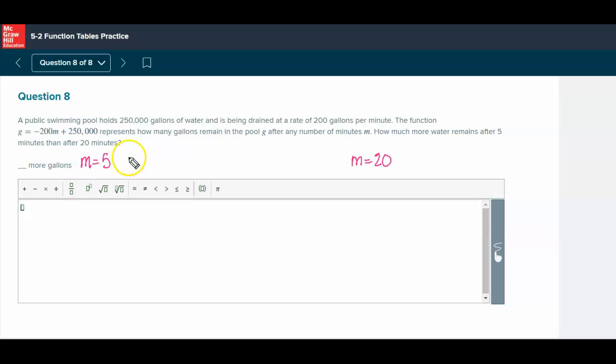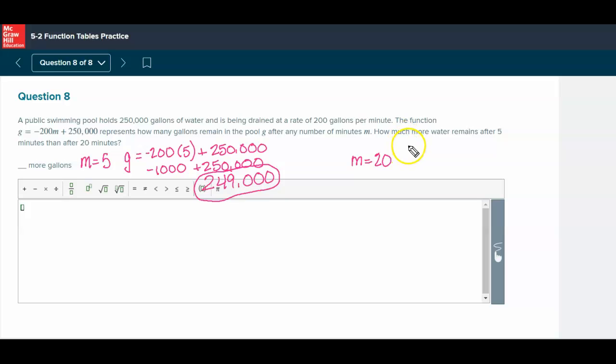So you're going to take the equation, G equals negative 200 times 5 plus 250,000. All right, well, 5 times 200 is 1,000, so this would be negative 1,000 plus 250,000. Well, if you take 1,000 away from 250,000, you would have 249,000. So after 5 minutes, there would be 249,000 gallons in the pool.